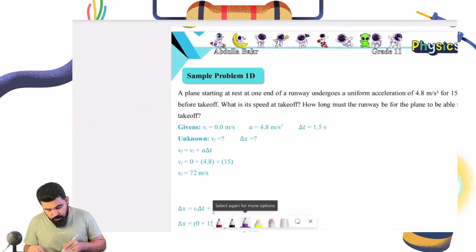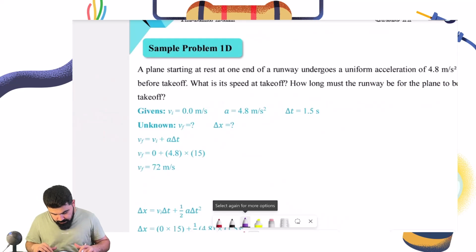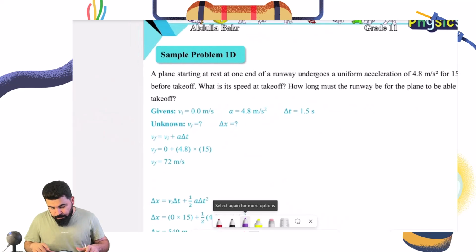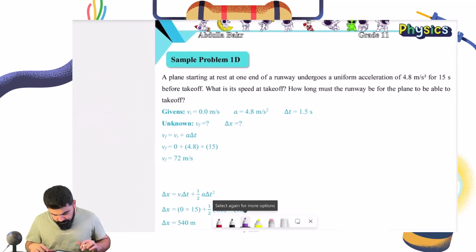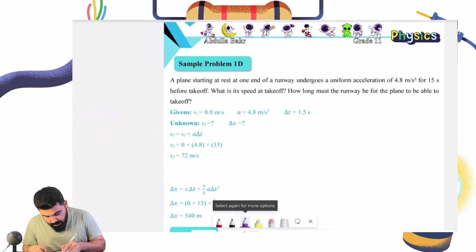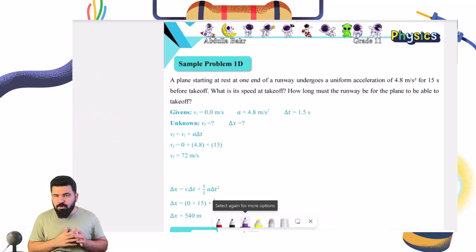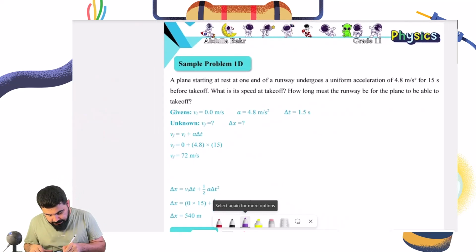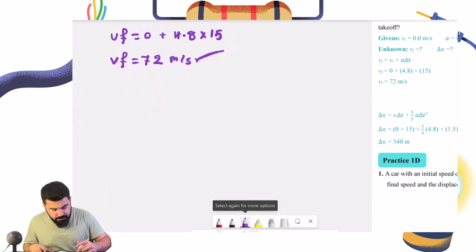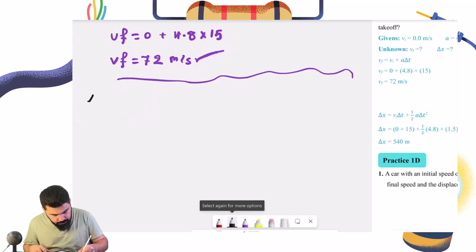The second part of the question, it says how long must the runway be for the airplane to be able to take off? Okay, so it says how long must the runway be? So we need what? We need delta x. Okay, this time it's talking about delta x. So delta x is equal to what?